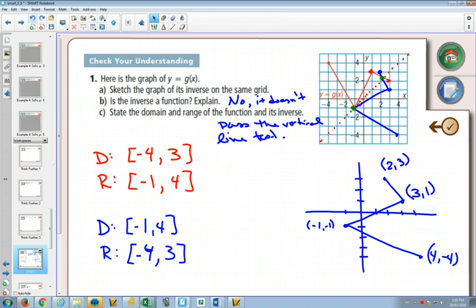So just like before, they're going to ask you this same question about inverses can be asked in a number of ways. Just to summarize here, they could ask you to reflect over y equals x.